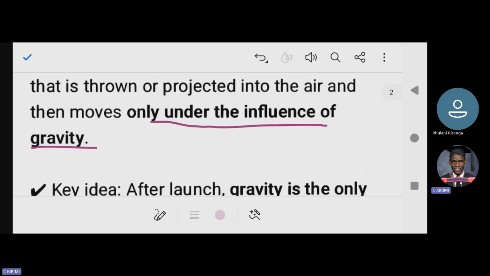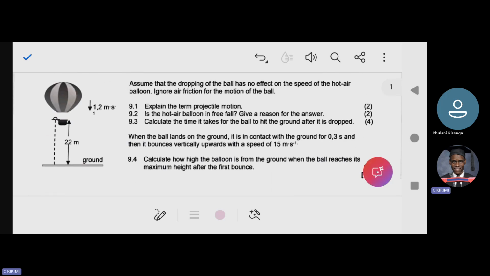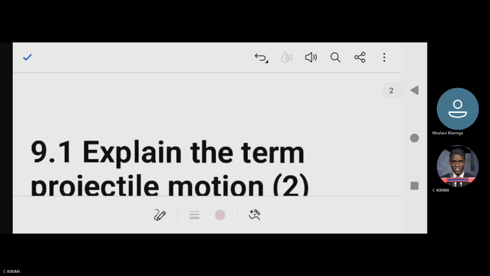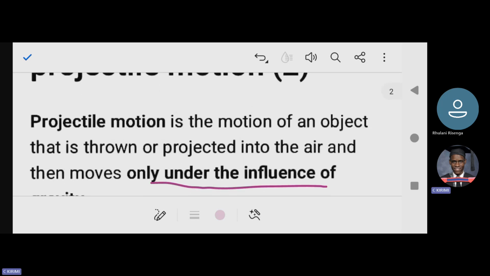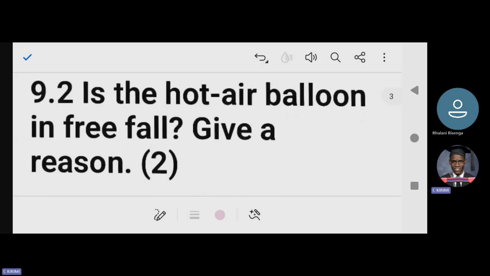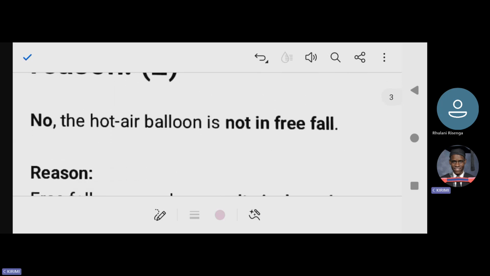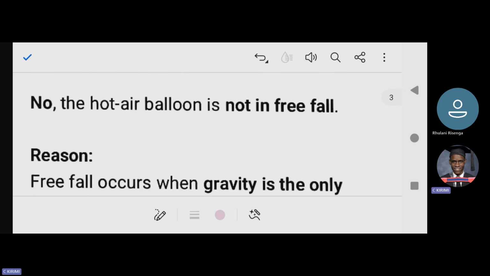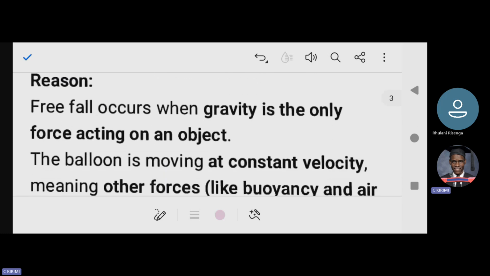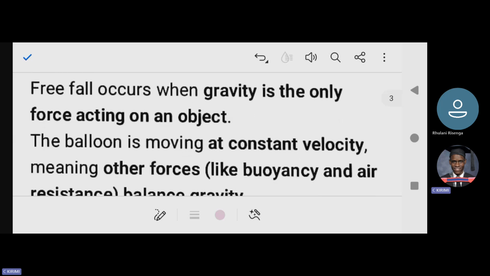Then for the second one, just for the sake of revision, 9.2: is the hot air balloon in free fall? Give a reason for your answer. No, the hot air balloon is not in free fall. The reason: free fall occurs when gravity is the only force acting on the object.